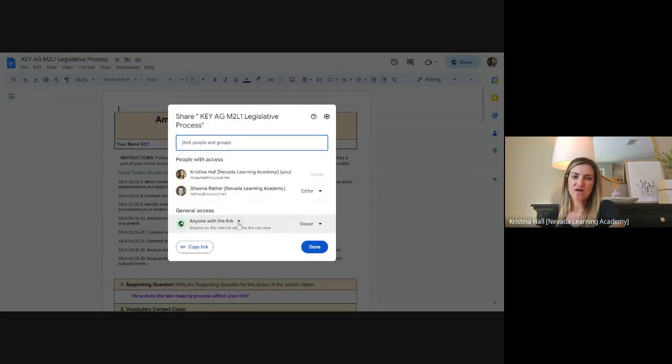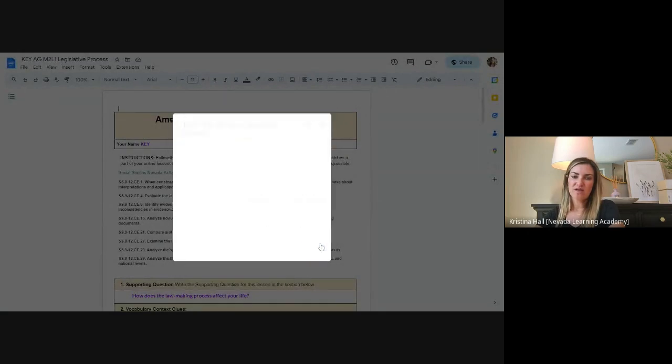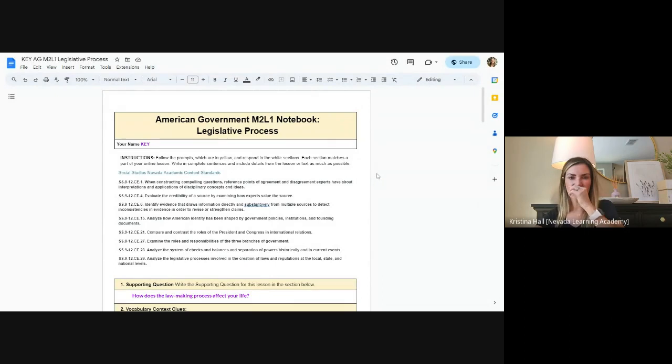So go to share and click on anyone with the link. Okay, give me a thumbs up once you have your notebook open, ready to go. Saved it, made it shareable. Awesome.